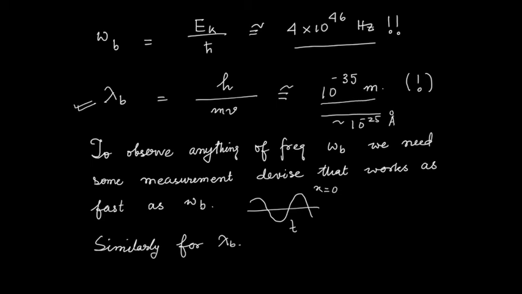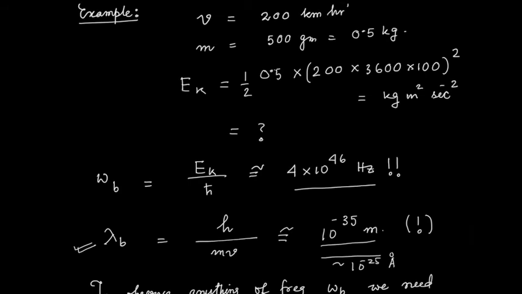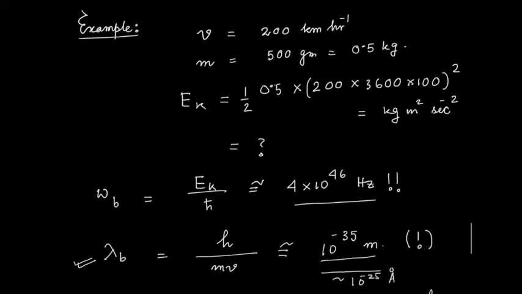Because remember, 10 to the minus 10 angstrom is 1 meter. This is 10 to the minus 35. I need 10 to the minus 25 angstrom as the crystal spacing. Well, we don't know of anything which can have such small spacing. So this type of wave, which is created by regular objects, we'll never be able to see.